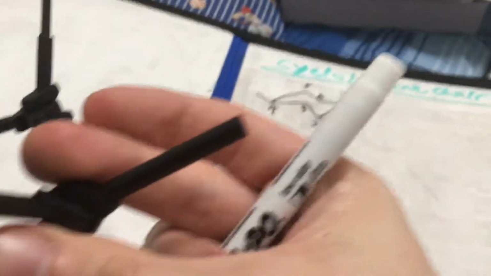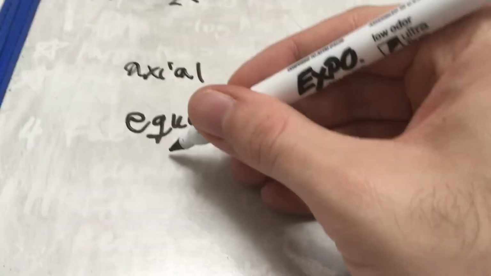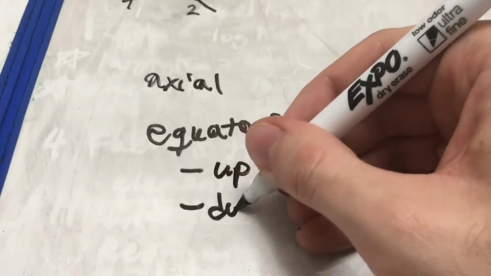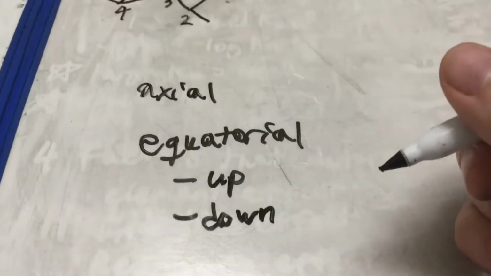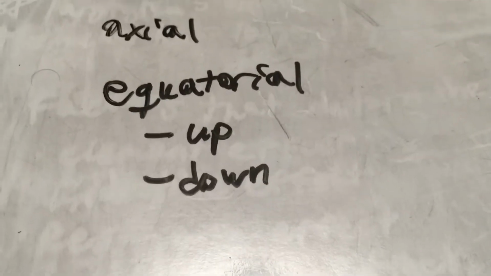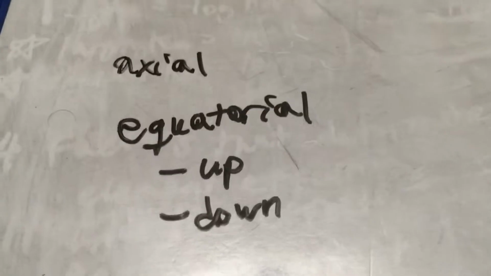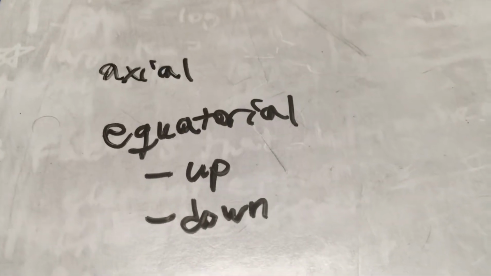And you can see right here, this one is straight up. This one is kind of on the side. It's slightly pointed down, and this one is on the side and slightly pointed up, but they're still on the side. They're not straight up like this one. And there's two kinds of equatorials, as we saw. There's one that's up and one that's down. Equatorial up, equatorial down. When you do the ring flip, the equatorial changes to axial and the axial changes to equatorial.